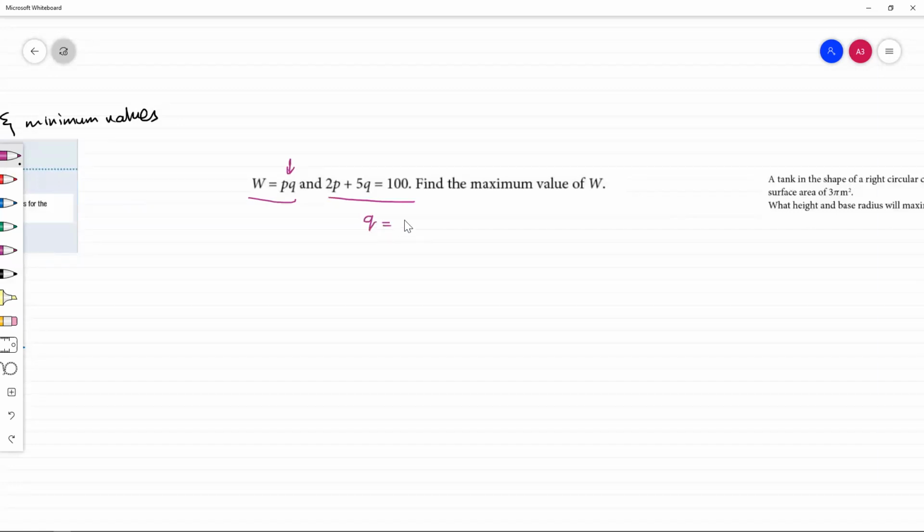So Q will be 100 minus 2P divided by 5, and put this value into this function. So W is equal to P into 100 minus 2P divided by 5. Then 100p divided by 5 would be 20p minus 2p square divided by 5.